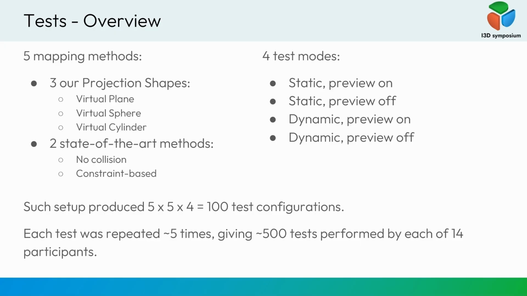Summing that up, we had 5 trajectories, 5 mapping methods, and 4 test modes, which produced hundreds of unique test configurations. Each of the test configuration was repeated about 5 times, giving circa 500 tests performed by each of 14 participants. Each participant spent about 1 to 2 hours to complete the required number of the tests.